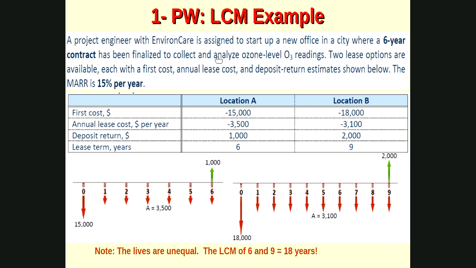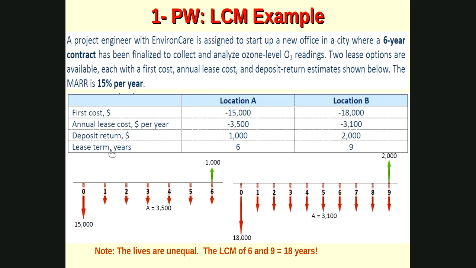The example shows you two alternatives, the first one here in A, the second one in B. Again, we have the same elements: first cost, annual cost, and the deposit return, similar to the salvage but here with a different name. Deposit return is always placed at the end of the cash flow.